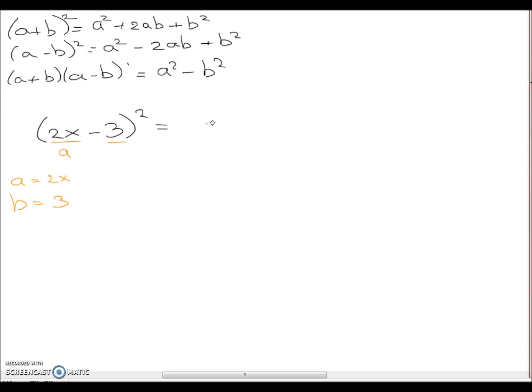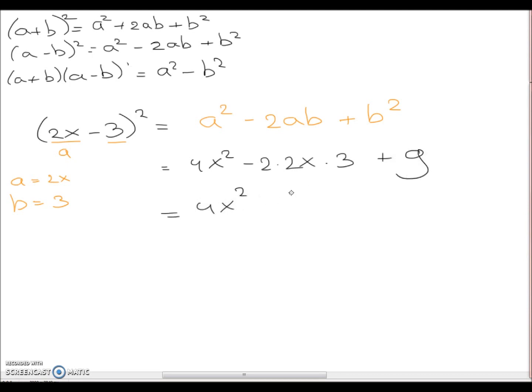(A minus B) squared is A squared minus 2AB plus B squared, or in our case, since A is 2x, the square of 2x is just 4x squared, minus 2 times A, 2x, times B, 3, plus 3 squared, or 9, is equal to 4x squared minus 12x plus 9.